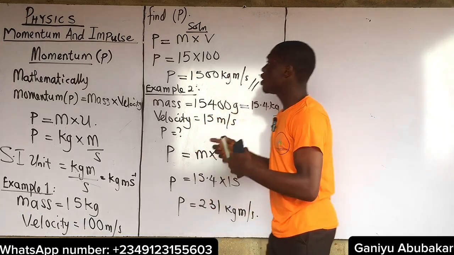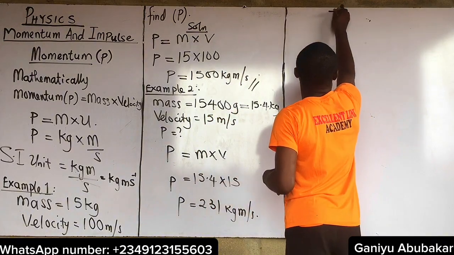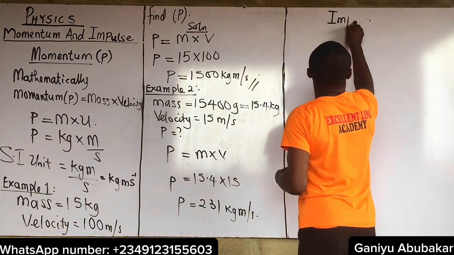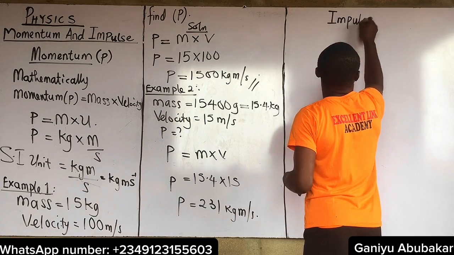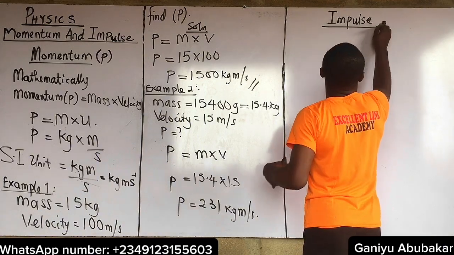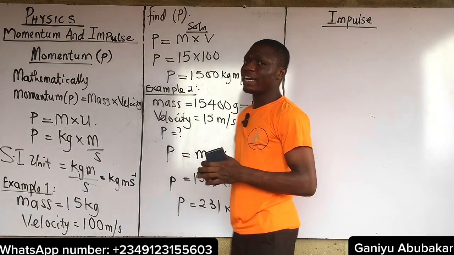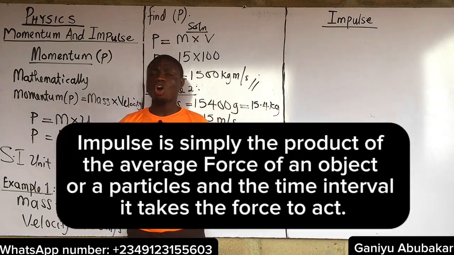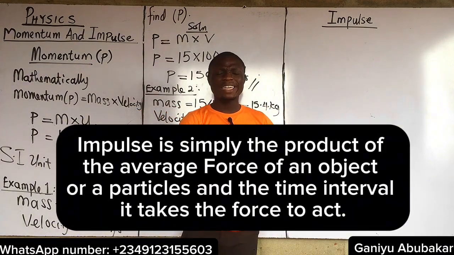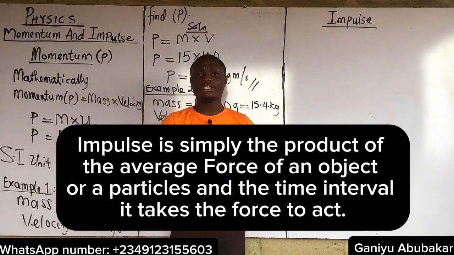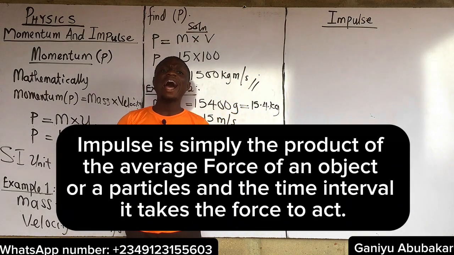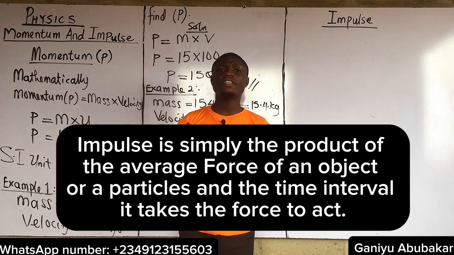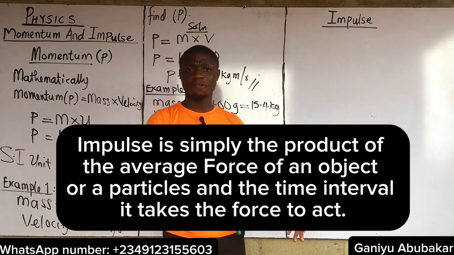Let's discuss impulse. By definition, impulse is simply the product of the average force of an object or a particle and the time interval it takes the force to act.